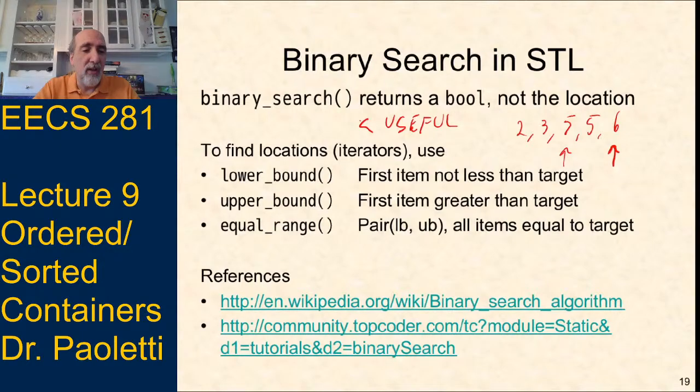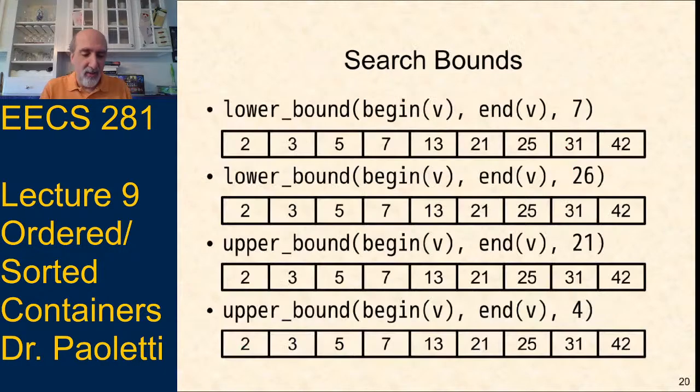If you're looking for an exact match, we would use equal range, and it gives us a pair of iterators that are all the ones equal. So yeah, Professor Darden says it's the first place it couldn't be, which is equivalent to the last place it could be, whichever way makes more sense to you. Okay, so that's lower bound and stuff.